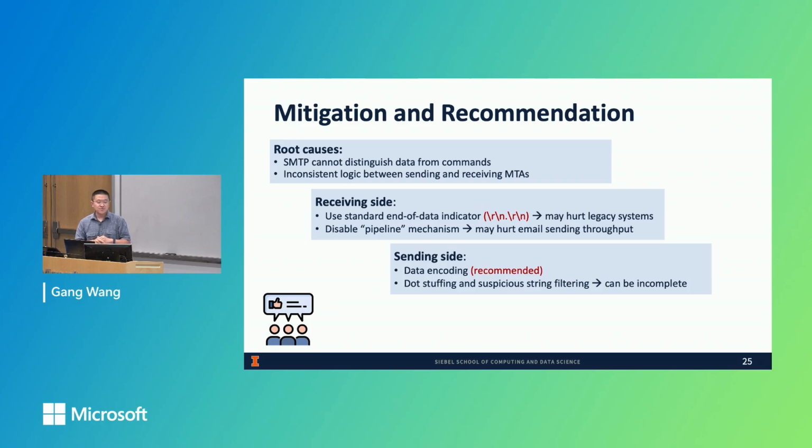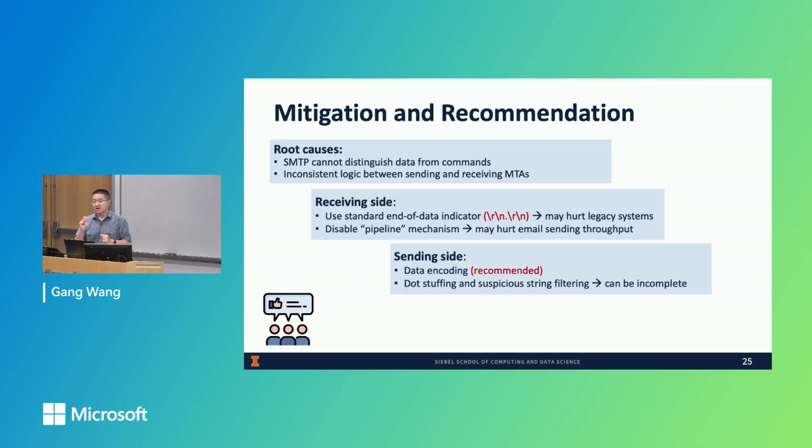On the receiving side, the best fix is to go for the RFC and only recognize the official end-of-data indicator. Of course, that will hurt a lot of legacy systems that don't follow this rule. As an internet protocol, you kind of have to have everybody act correctly in order for it to work. Of course, you can disable the pipelining mechanism, but this hurts email sending throughput, which is the issue.